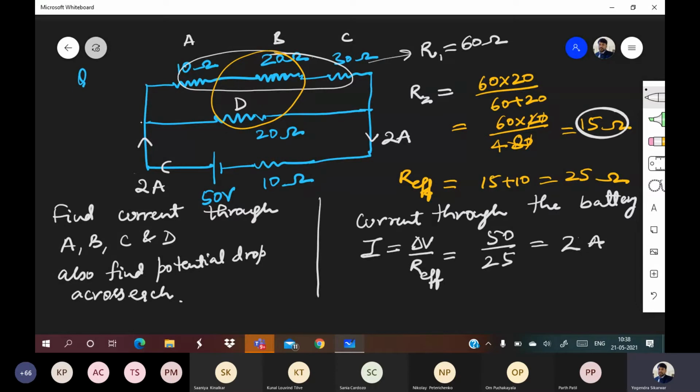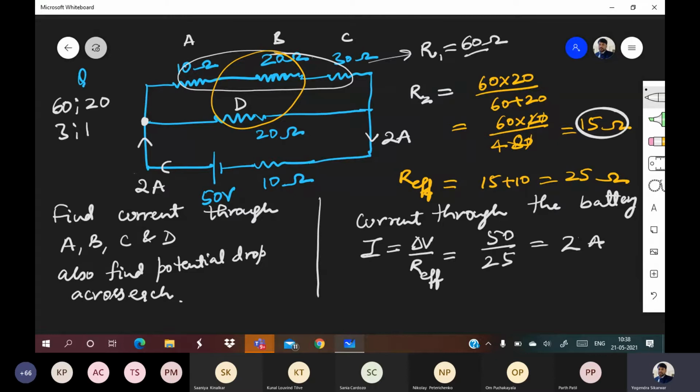Now when it is reaching at this junction, it has two options. One option is of 60 and one option is of 20. So what you can see, it is 60 is to 20, that means 3 is to 1.